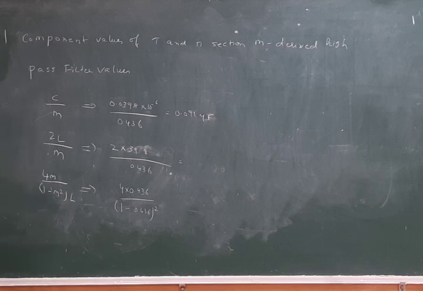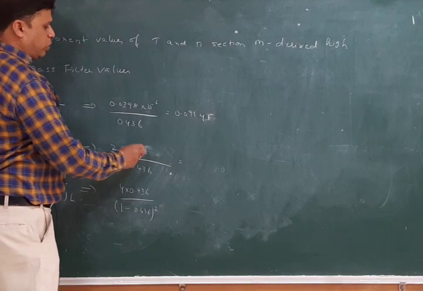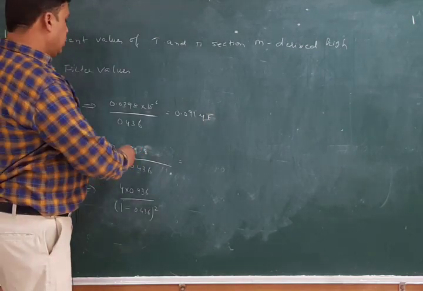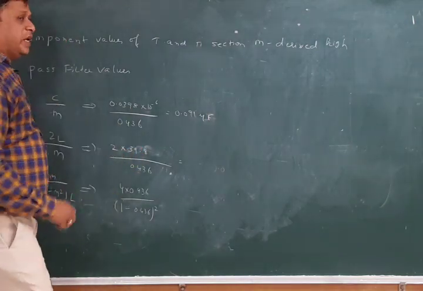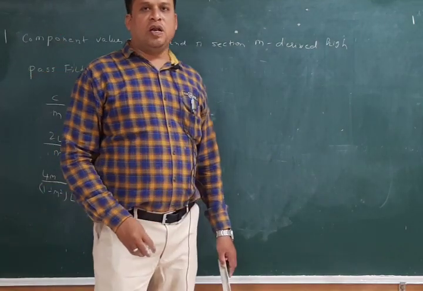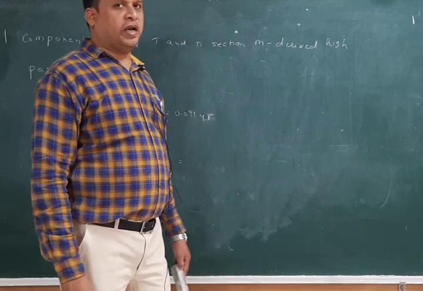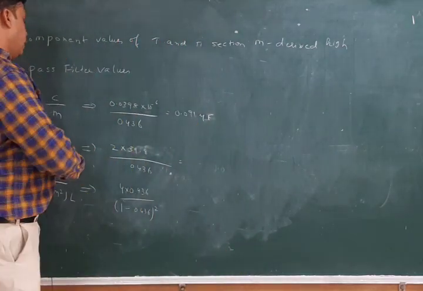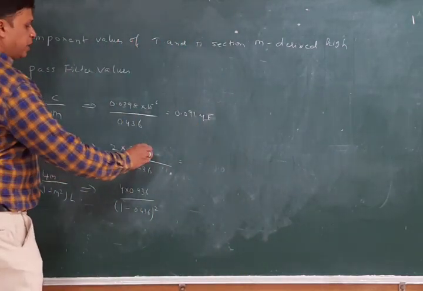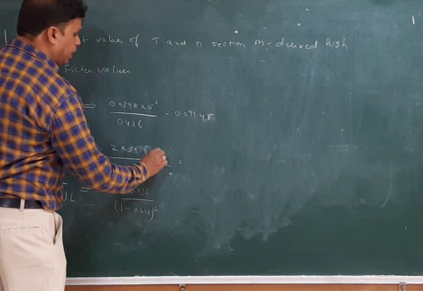I have written the L value as 0.039 millihenry with 10 power minus 3, so please correct it to Henry there, for the inductance value. Now, the inductance value we can write as 39.8 millihenry, 10 power minus 3.